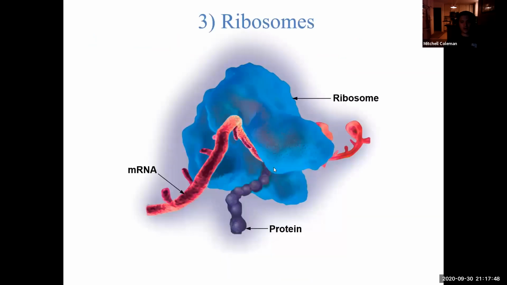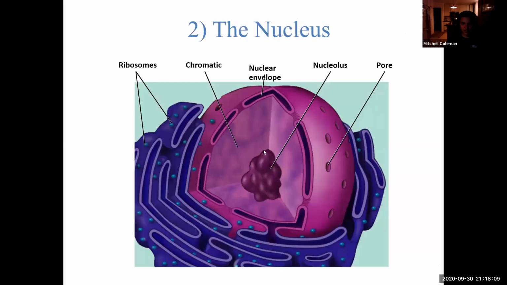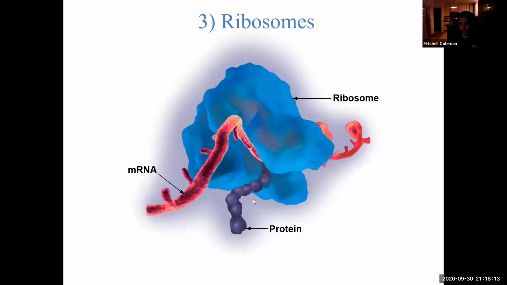The third type of organelle we'll talk about is called a ribosome, okay? In the case of the cell membrane and in the case of the nucleus, there is one of each. There's one cell membrane. There's one nucleus. But for ribosomes, there are many individual ribosomes per cell, okay?